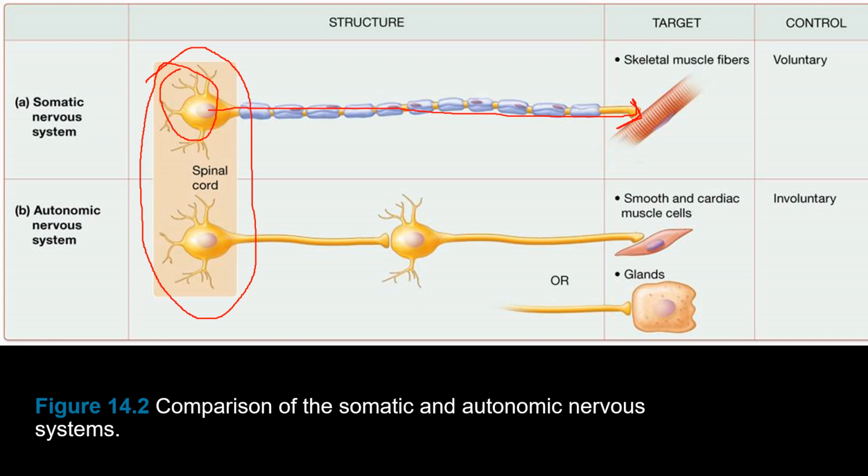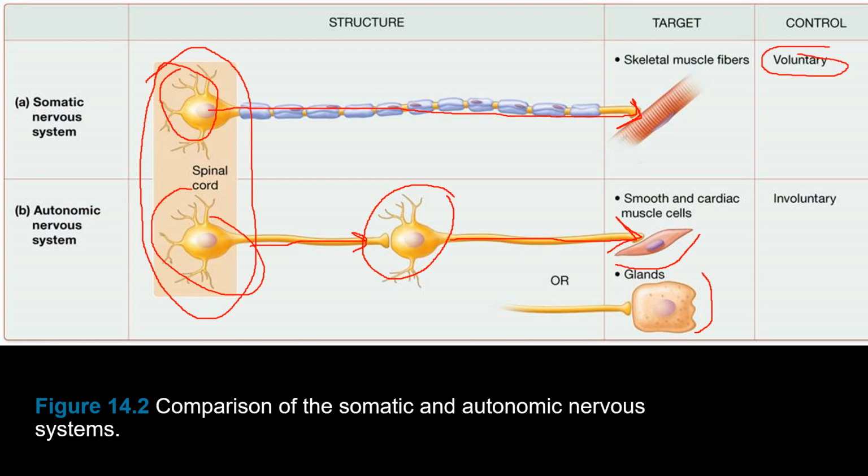Well, in the autonomic nervous system you're going to have the same cell body here, but instead of going all the way to its target cell, there's a second step. It synapses onto this postganglionic neuron, and then that carries the signal to its target cell, which is either smooth or cardiac muscle or a gland, okay? And remember, the differences there are that somatic is voluntary and autonomic is involuntary.